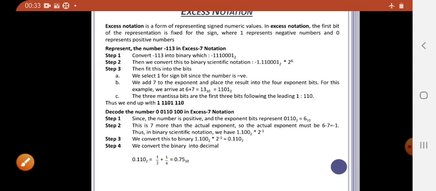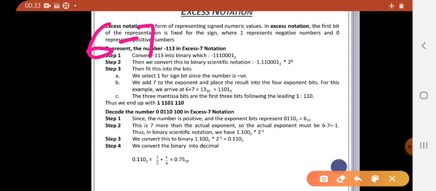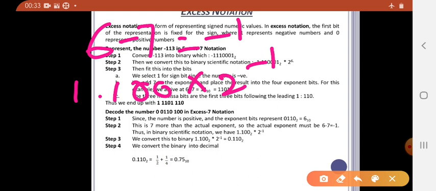So keep in mind, once again I'll tell you, when you subtract 7 from 6 you get minus 1. Then binary scientific notation, we have 1.100 into 2 to the power minus 1. When we convert this number into binary form, the point moves this side, and you get 0.1100. Okay. So this is your number.